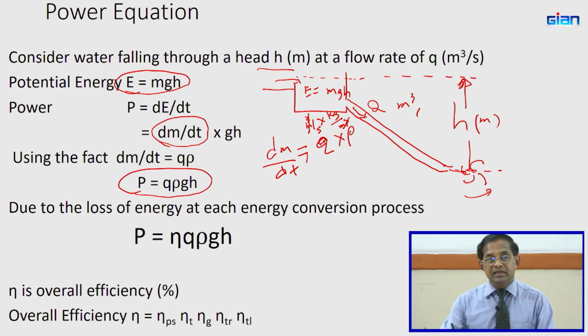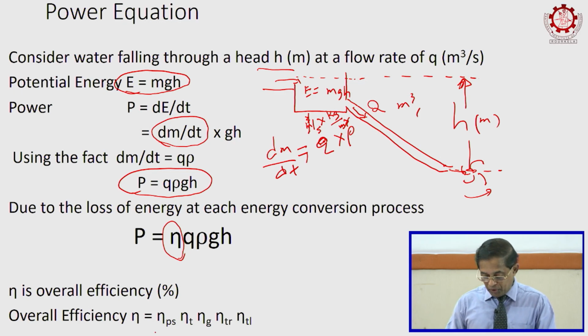So, you just replace dm by dt with q rho, then you come to this equation, P equals q rho gh, but at each energy transition there is a loss. To accommodate that, we introduce an efficiency term, because ideally you cannot transfer all the potential energy to kinetic energy in the turbine. So, it will be q rho gh multiplied by an efficiency factor, because 100% transfer is not possible.